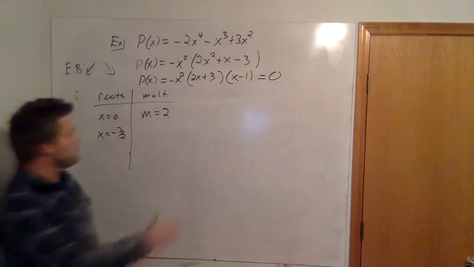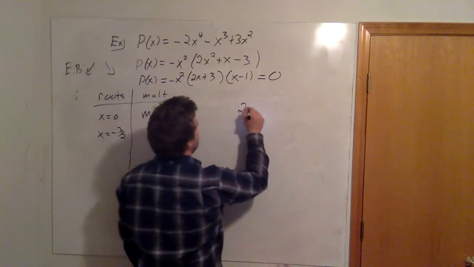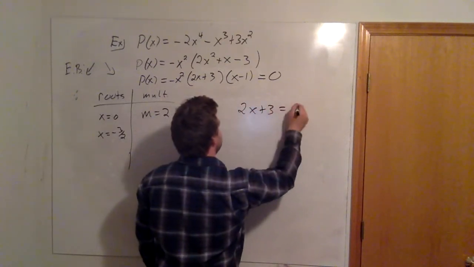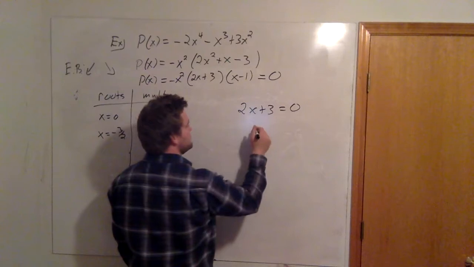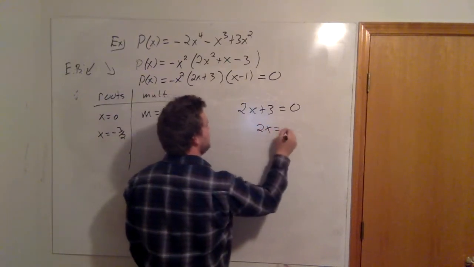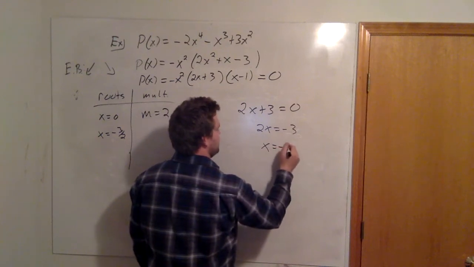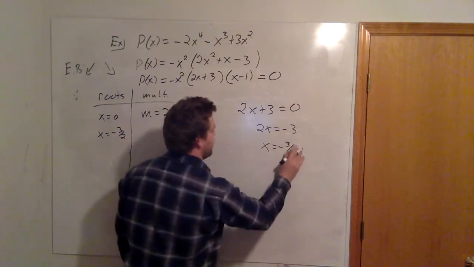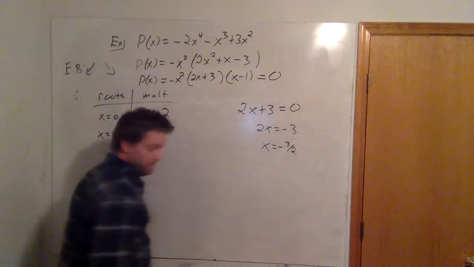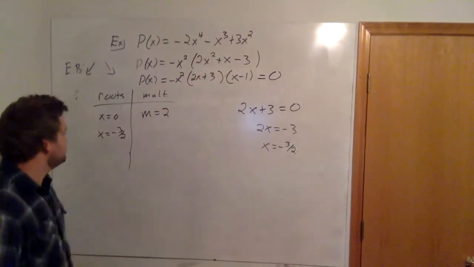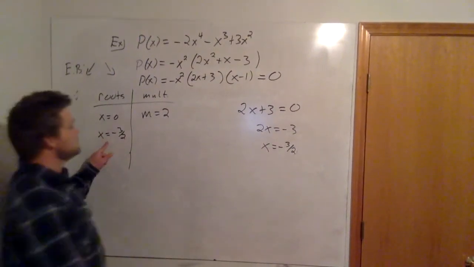If you don't like that argument, you could just ask yourself, when is 2x plus 3 equal to 0? You could subtract 3 from both sides, and then divide both sides by 2 to get that x is equal to negative 3/2. Okay, so that's how I got this root.